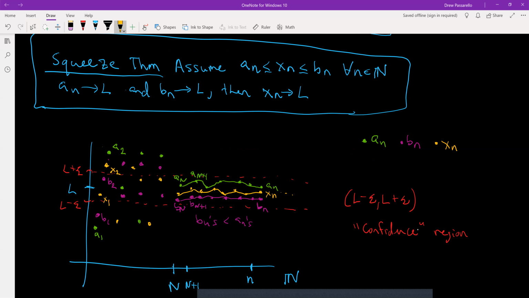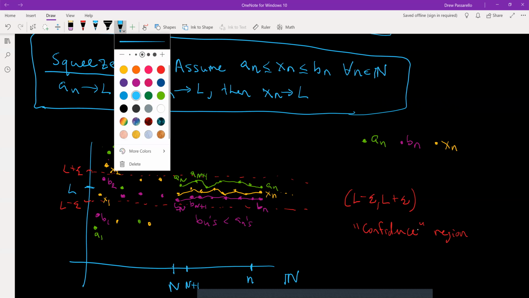And if we know a_n converges to L and b_n converges to L, then x_n has to converge to L. After that, all of our terms of the sequences lie in this confidence region. And epsilon's arbitrary, so the confidence region could be as small as we want. We could be zooming in a lot here. Okay, so that is the squeeze theorem.